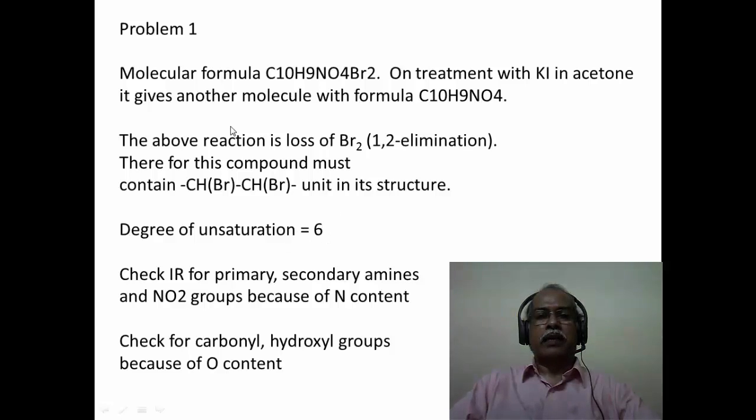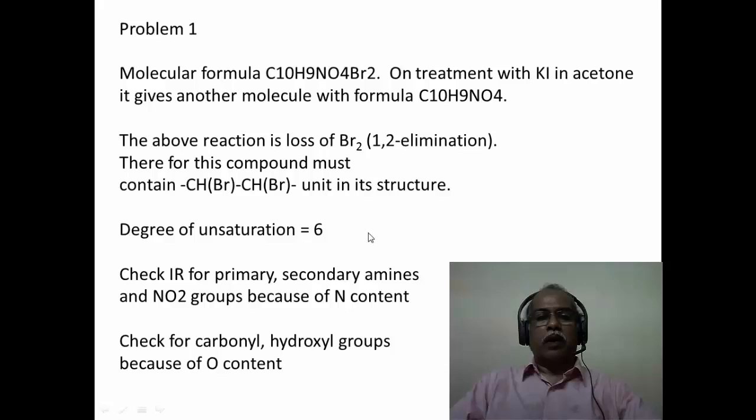Now this molecule has nitrogen, so one should check for primary and secondary amines. You can also check for nitro groups because of the nitrogen content of this particular molecule. Because of the oxygen content, one should also check for the carbonyl, hydroxy, because of the presence of oxygen in the molecular formula.